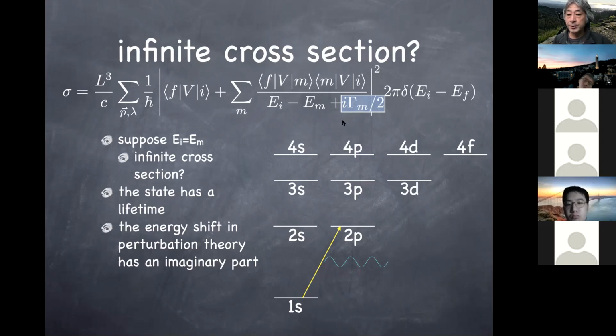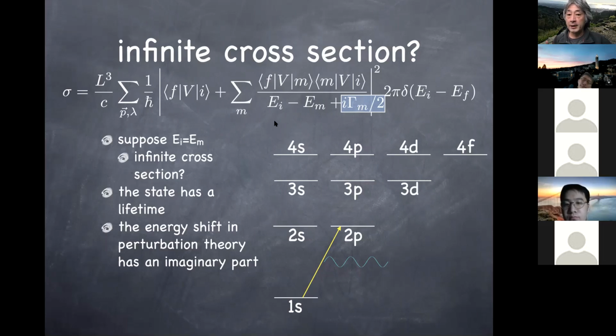So, answering the question from Sahil, there used to be i epsilon, now I'm changing it to i gamma over 2, and that's simply because E_m now has the imaginary part, that's minus i gamma over 2. And once you stick in the imaginary part of E_m, I can safely drop i epsilon because there's no infinite cross-section anymore.